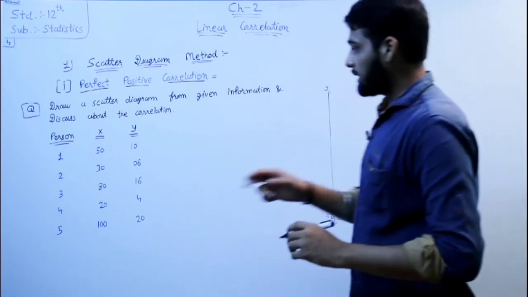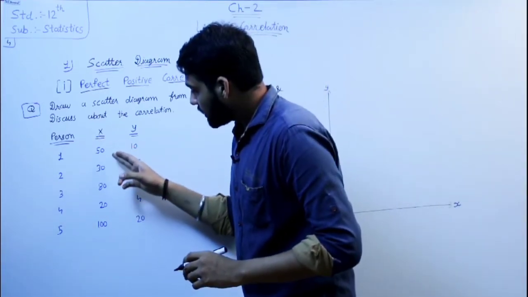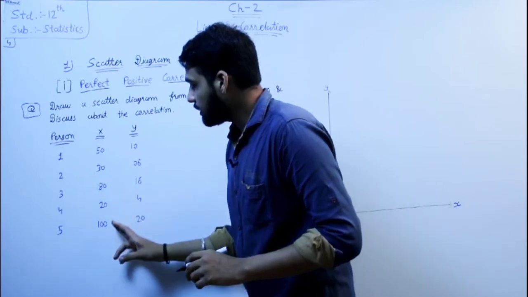First we mention the x variable: 50, 30, 80, 20, 100.